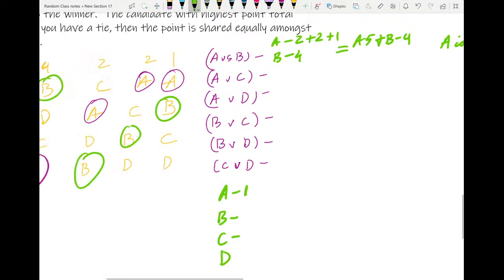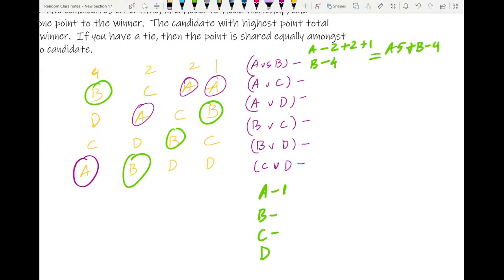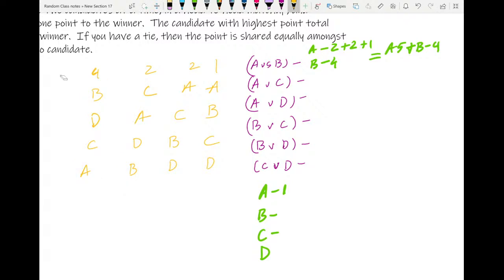All right, now we do the same thing again, but it's between A and C. I should not have erased it. And C is right over here.